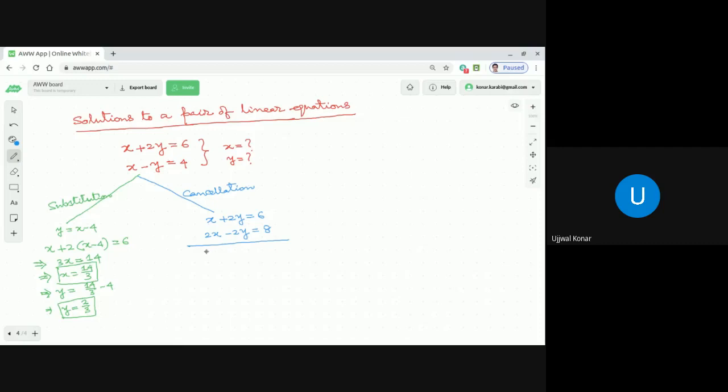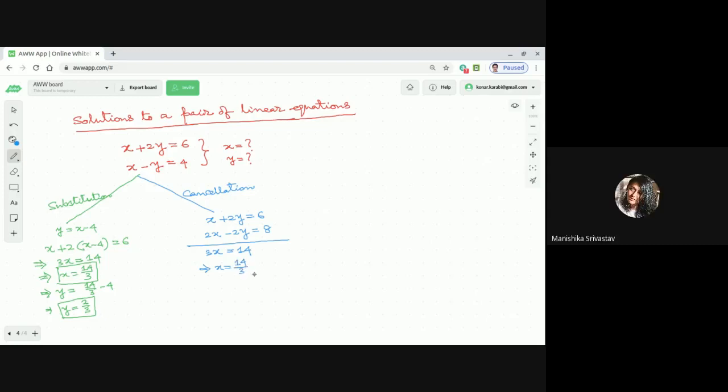On the left hand side, x plus 2x is 3x, and 2y minus 2y will get cancelled. That is why it is known as cancellation. On the right hand side, 6 plus 8 is equal to 14. So we get x is equal to 14 by 3.